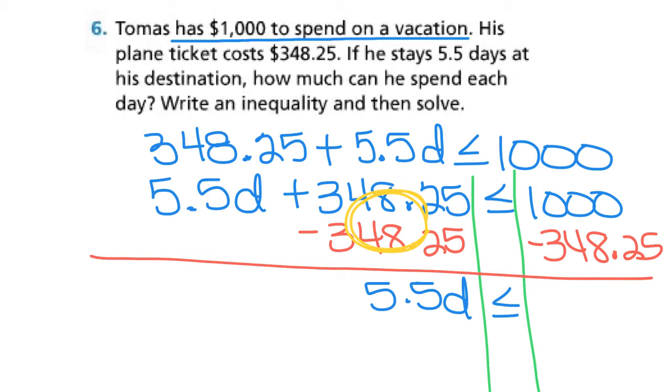And when I subtract those numbers, I get $651.75. This tells me that he can spend $651.75 over those 5.5 days.